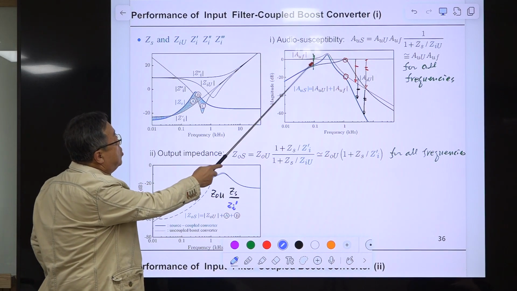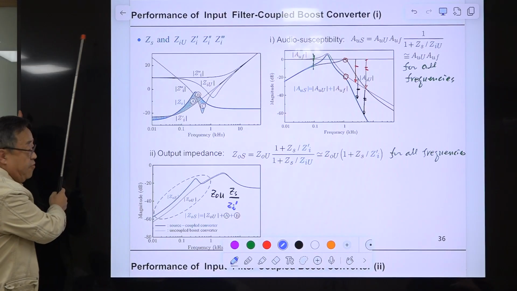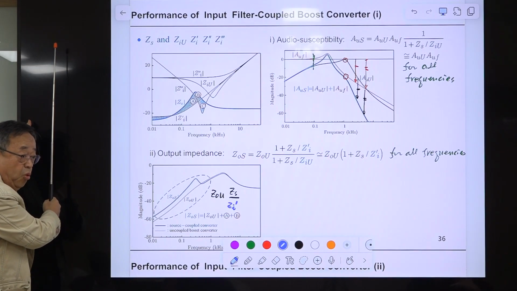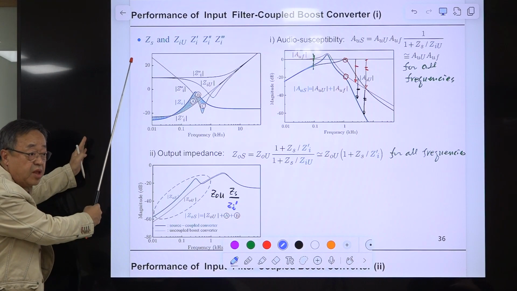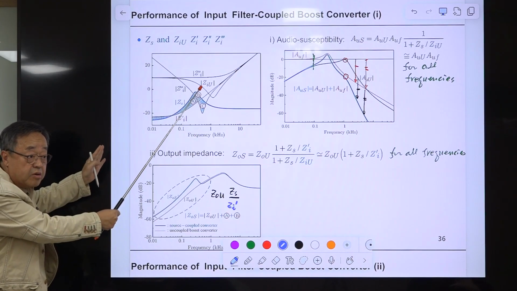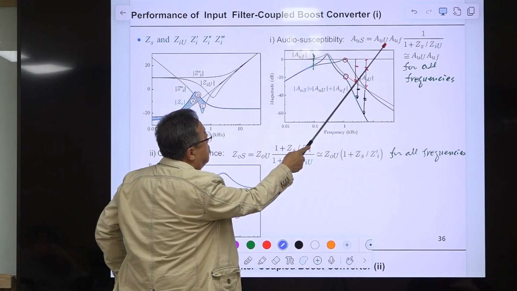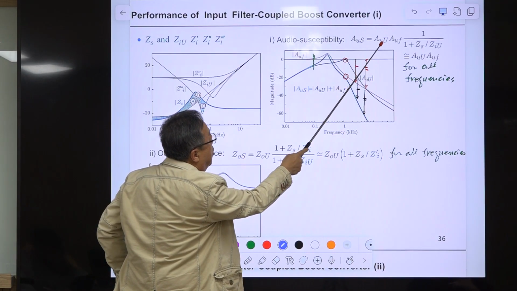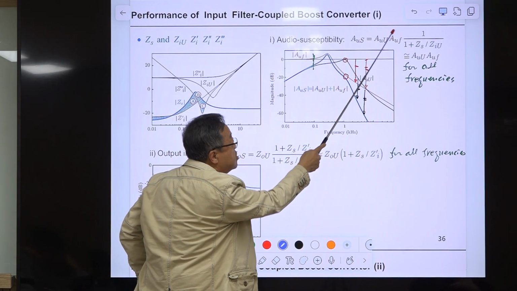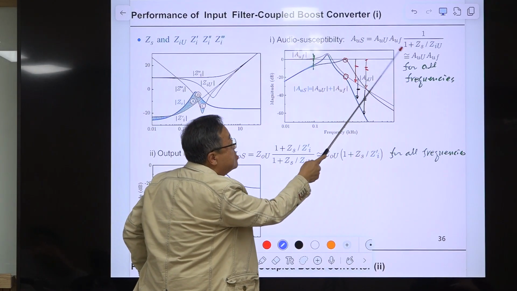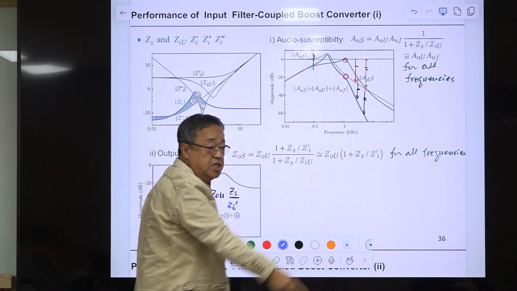So this is the audio susceptibility from the input voltage through the input filter and through the converter. We need this. The audio susceptibility of the uncoupled converter should be multiplied with this. Then, what is this? This comes from EET.